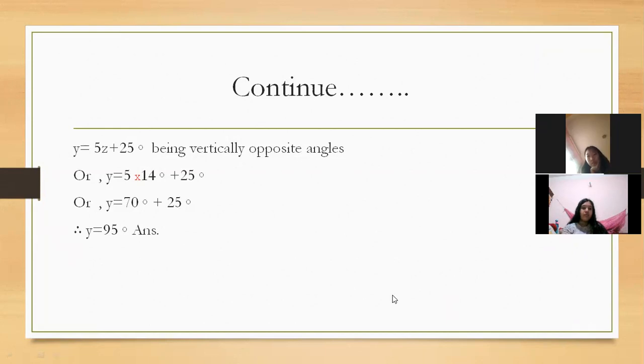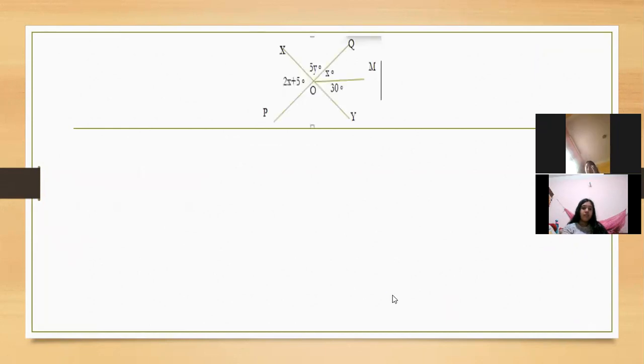Okay, now I'm going to show you next. Here I was showing this question. Look here, x degree and 30 degree. When you add x degree and 30 degree, its sum will be what? Do you know? x plus 30 degree.